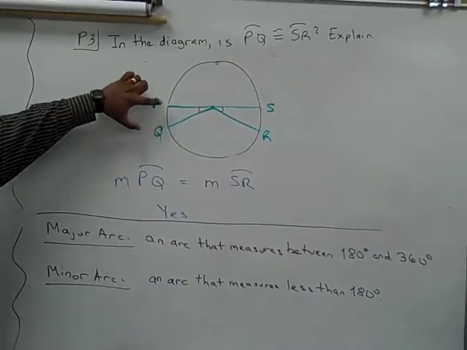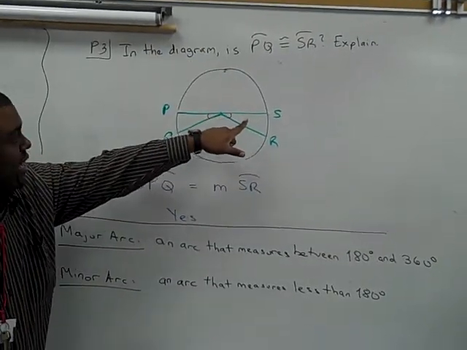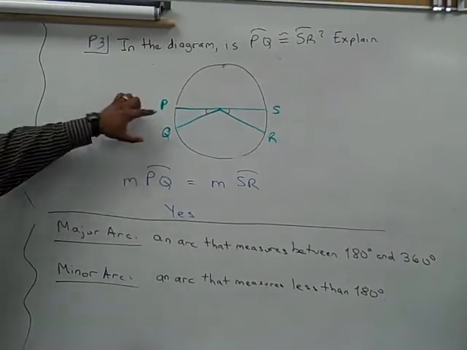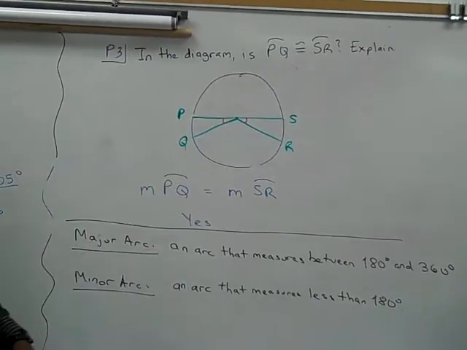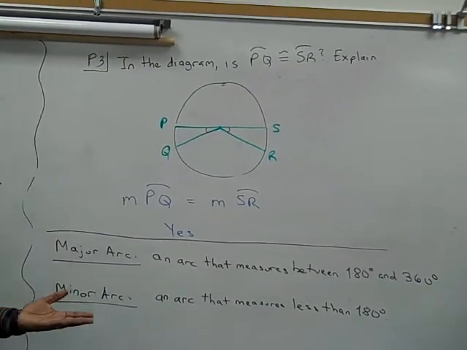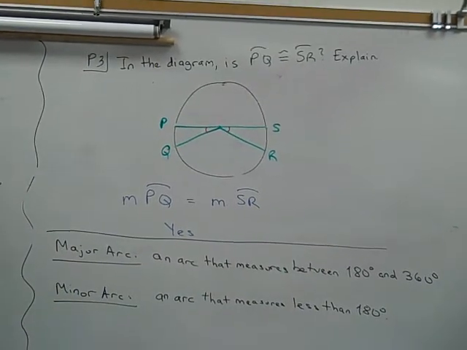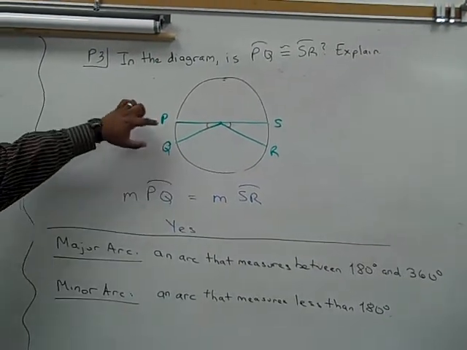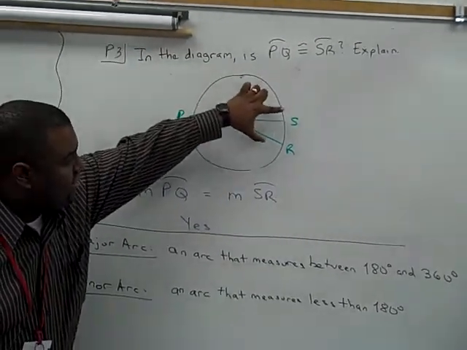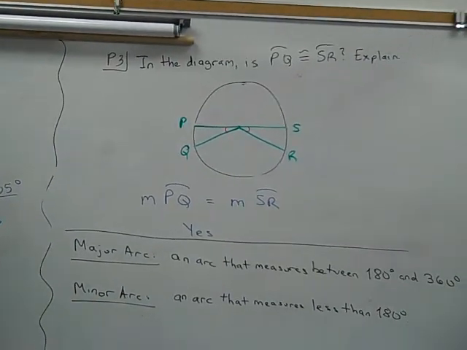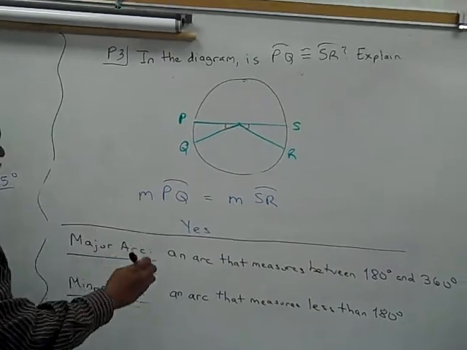So if I did an arc from P to S on this picture right here, that would just be a semicircle, all right? But P to Q and S to R, those we call minor arcs, because obviously these angles are acute angles and they're less than 180 for sure, all right? But say you had going from P to S to R, so arc PSR would be an example of a major arc. So let me write that down here.